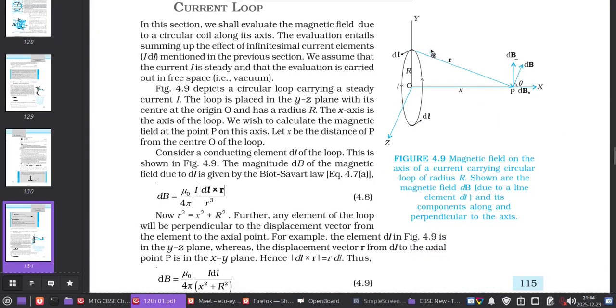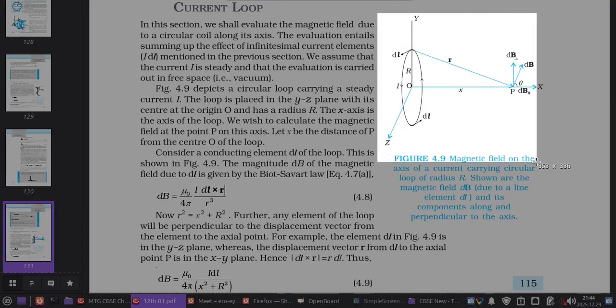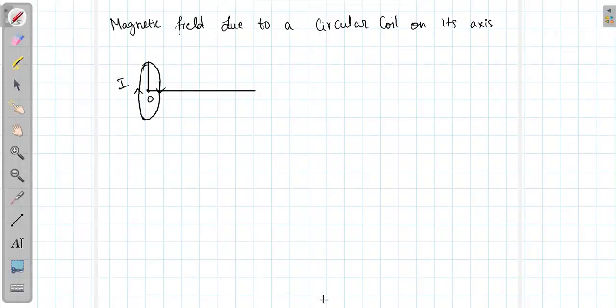They have taken the direction of current in a different direction. But whatever it may be, you will get the same answer, no problem. The answer will be the same.